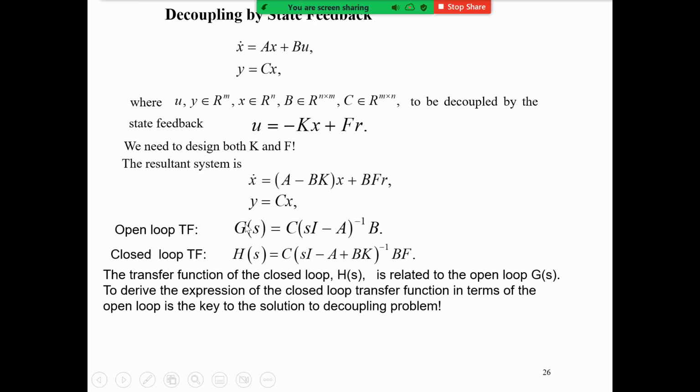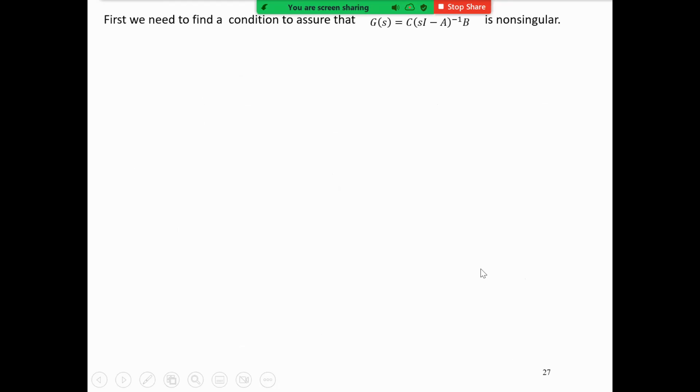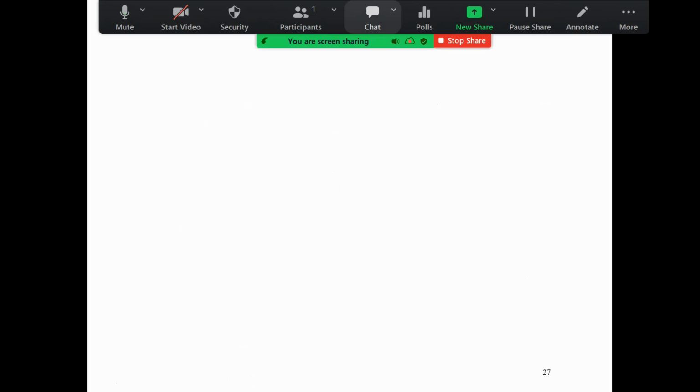We want to know how the closed loop transfer function relates to the open loop. So this is the formula we derived. Therefore, if the closed loop is diagonal, then the open loop must be non-singular. Actually, that's the only condition for the system to be decoupled. Therefore, we need to find a condition to assure that the open loop transfer function is non-singular.